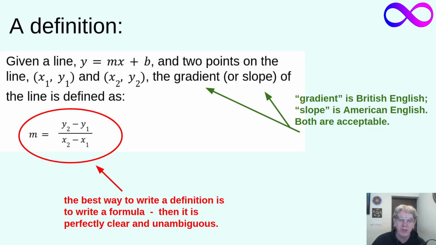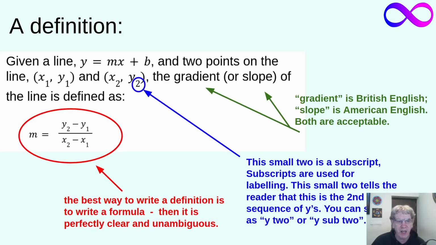I think most students in high school, particularly in a place like India, will be familiar with both words and will need to recognize both words because most of you will be taking exams in either the Cambridge or the IB system, and you will see the word gradient, and you will be taking SATs as well, and you will see the word slope to mean exactly the same thing. So unfortunately, as I said, words can sometimes be ambiguous. That's why we prefer formulas for definitions.